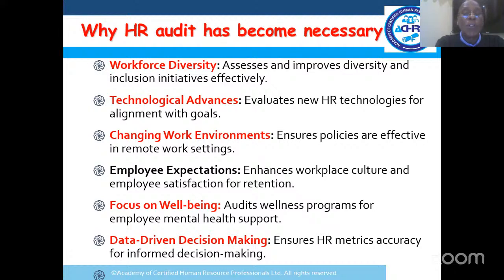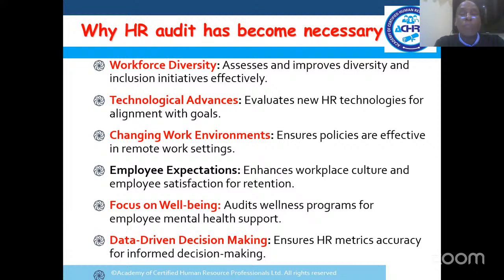It is a legal requirement, especially in public sector, to ensure that our workforce is represented. There is a face of Kenya in our recruitment and selection processes.